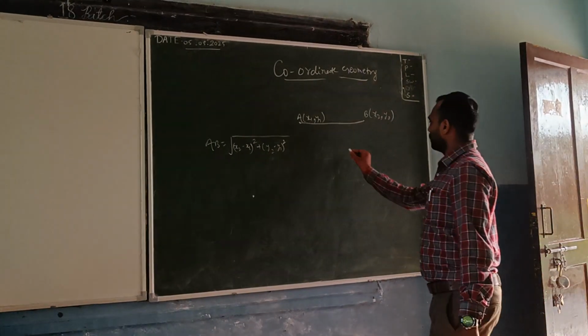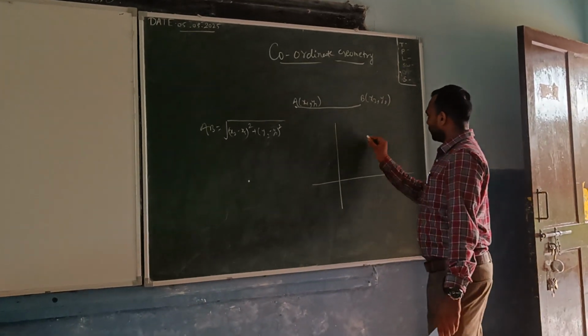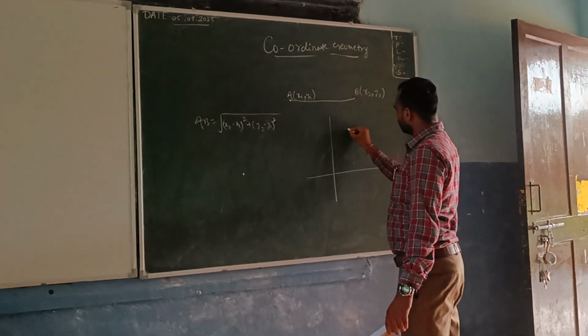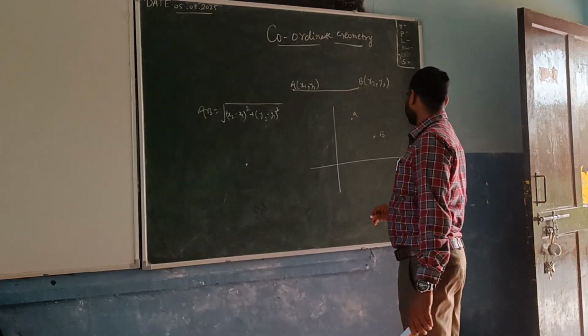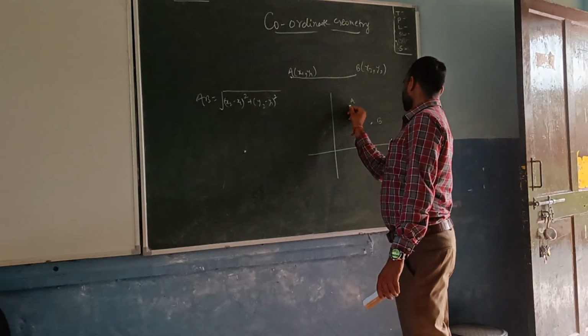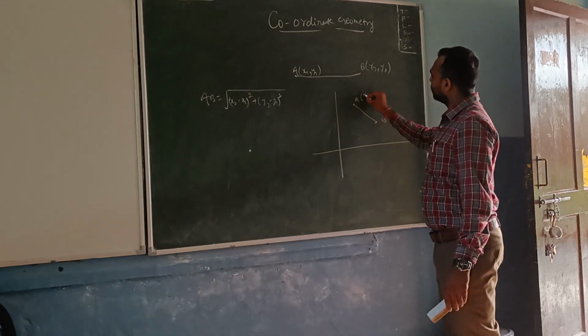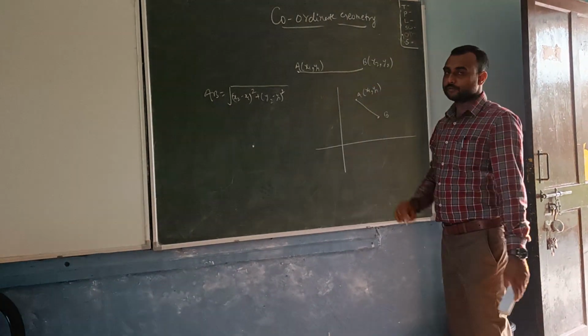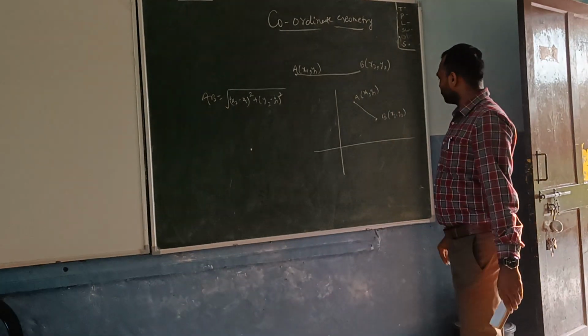Deduction of this formula. Suppose we take the axes and this point as A and this point as B. We have to find the distance between A and B. Let the coordinates of A be (x1, y1) and of B be (x2, y2).